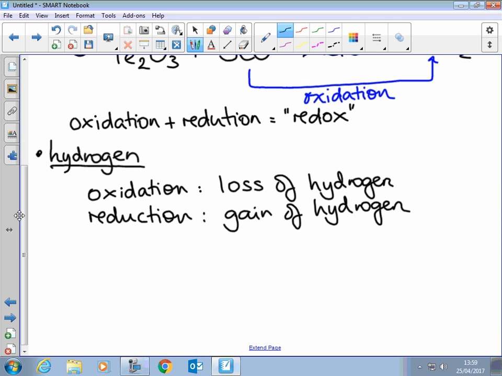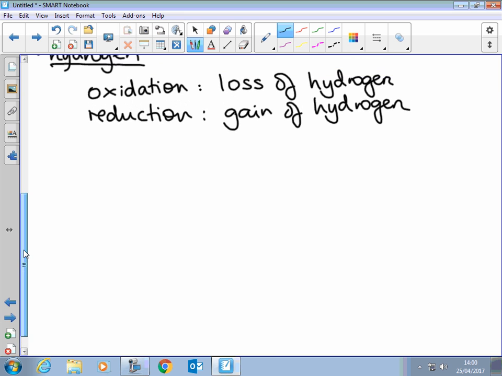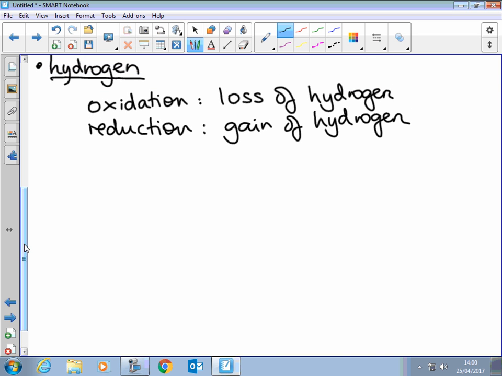So let's see if I've got an example that will go with this. You can just look at this as the complete reverse of the oxygen definition. And I'm going to use as an example one that we've met biologically, and that's the ethanol conversion.